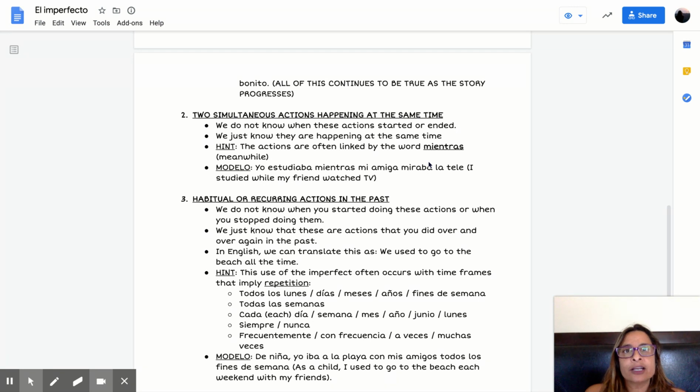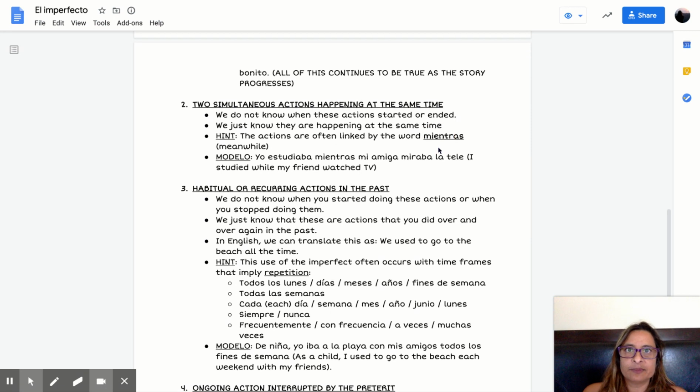So just like in our introductory paragraph where you're describing and creating a context, we don't know when any of those things started or when any of those things ended. It doesn't matter. What matters with the imperfect is that it's something that is taking place at the moment of the story. So a hint with the 2 simultaneous actions is that they're oftentimes linked by the word mientras, which means meanwhile. Meanwhile sets you up to believe that 2 things are happening simultaneously.